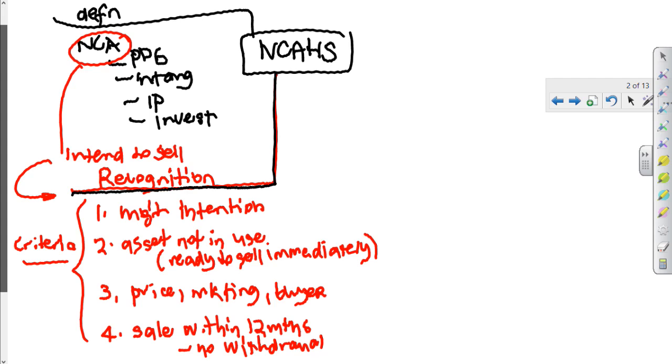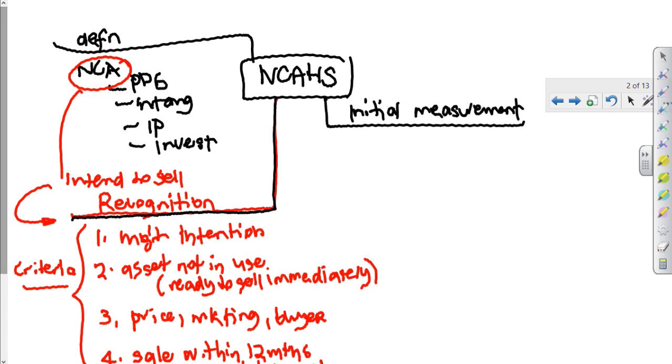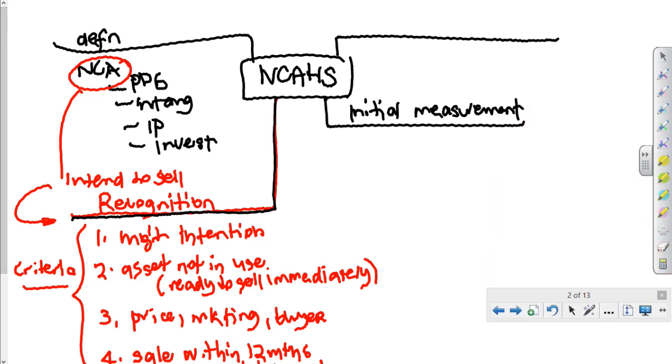All right, so let's look at measurement then. Initial measurement. The first thing that happens, of course, is before we measure, which is something that normally doesn't happen, is the classification, reclassify.